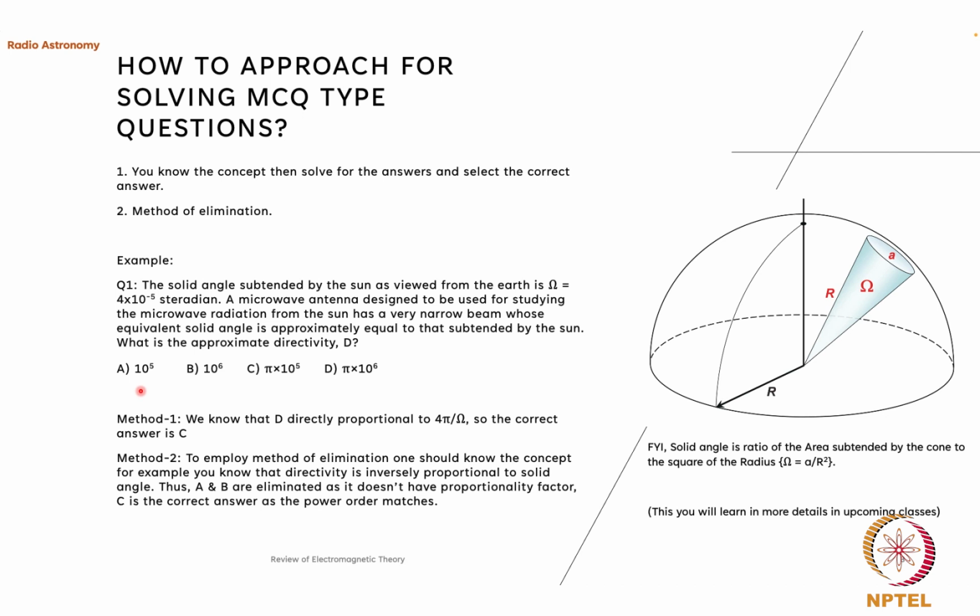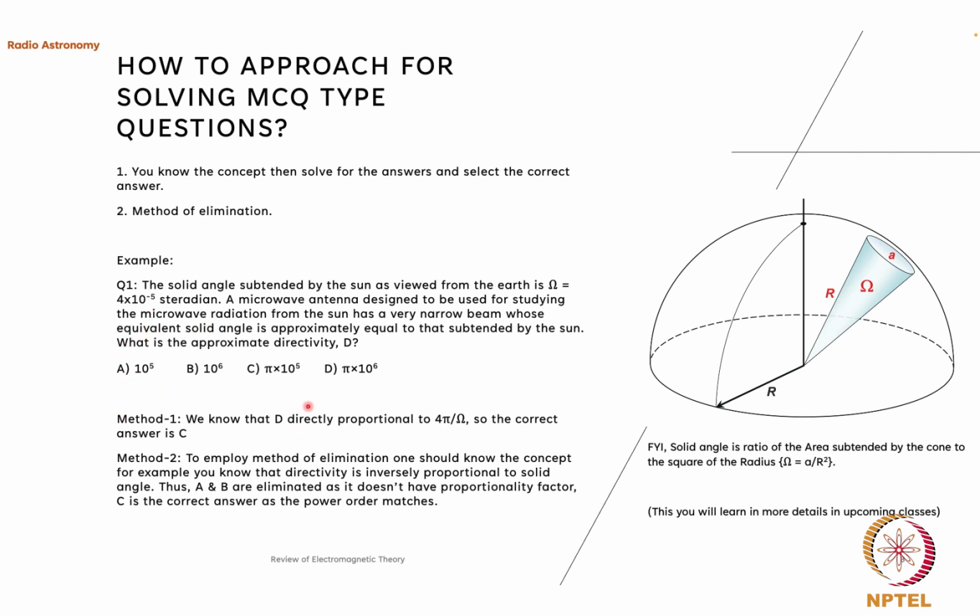Now if you go by the second method, you won't remember the formula, but you will know the concept that directivity is inversely proportional to the solid angle. So the most probable answer will have the order of 10 to the power 5.